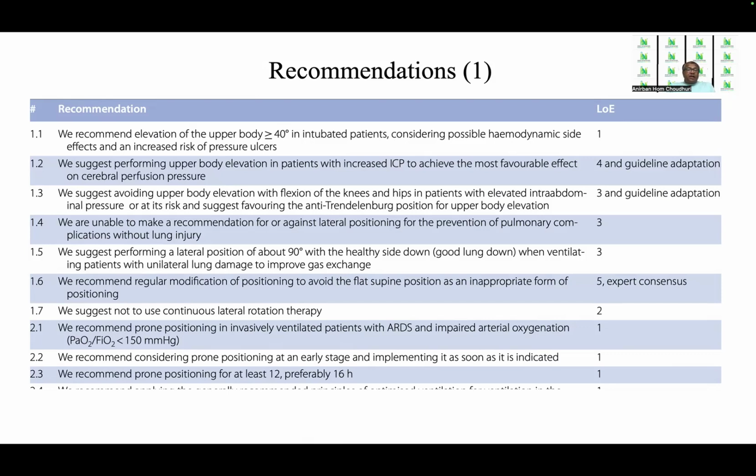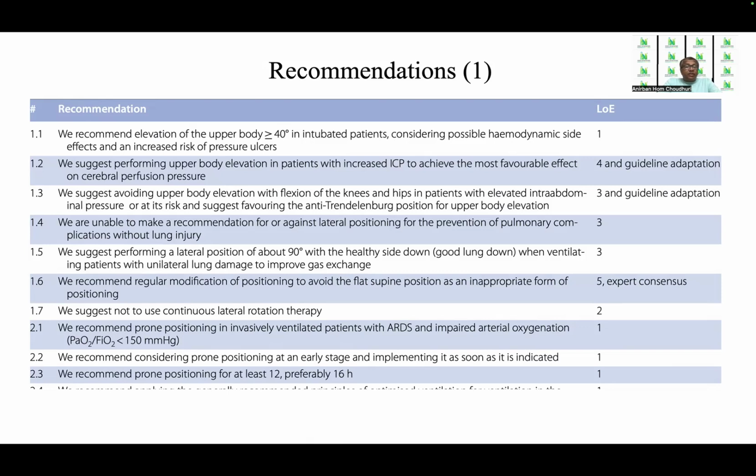Then they say that we are unable to make a recommendation for or against lateral positioning for the prevention of pulmonary complications without causing any lung damage or lung injury. And the level of evidence is 3, so it is very difficult to find.